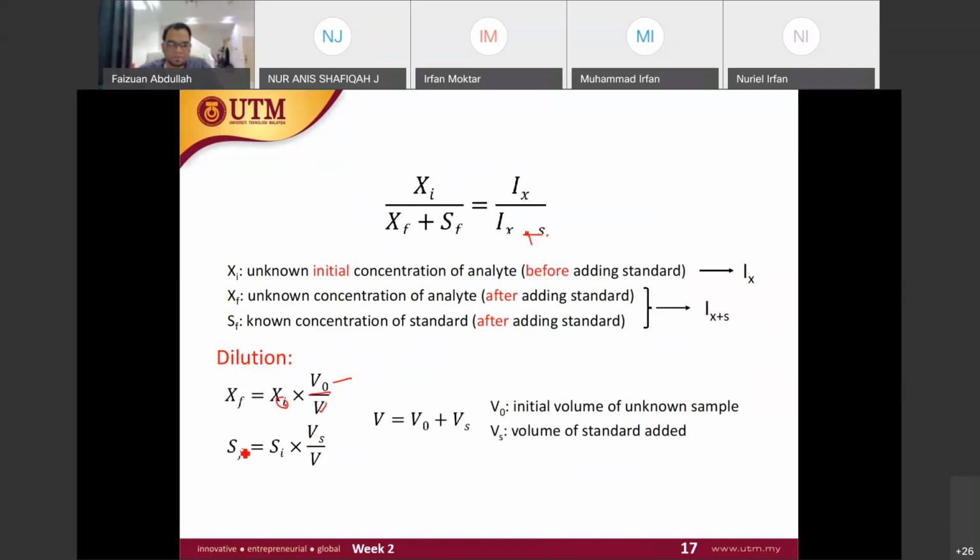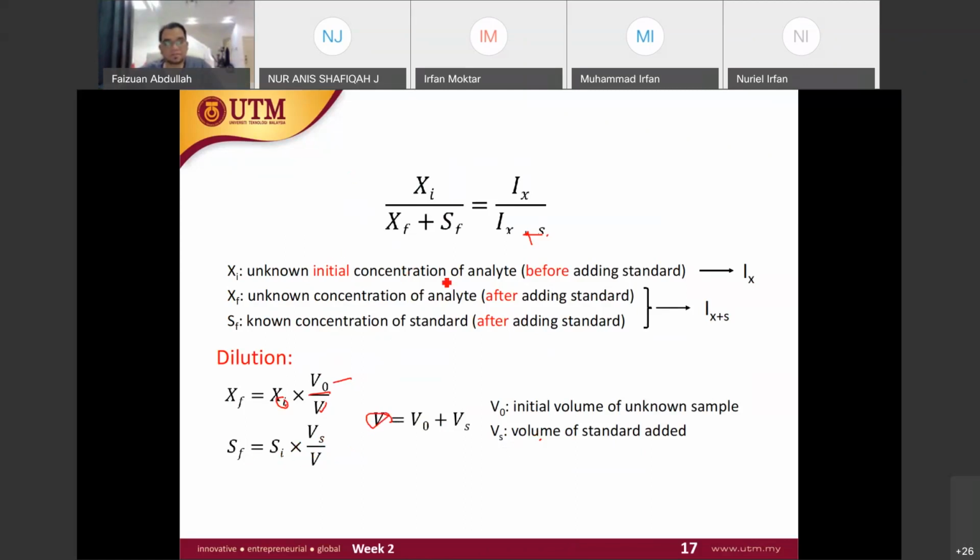If you want to find the SF, so SI times Vs, the volume of standard added, divided by the V itself.